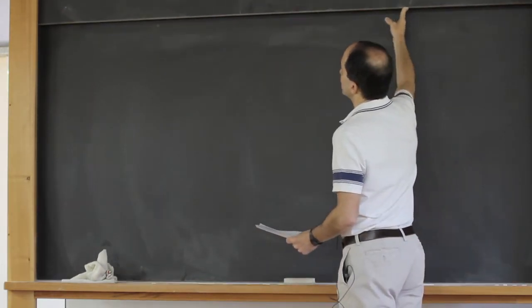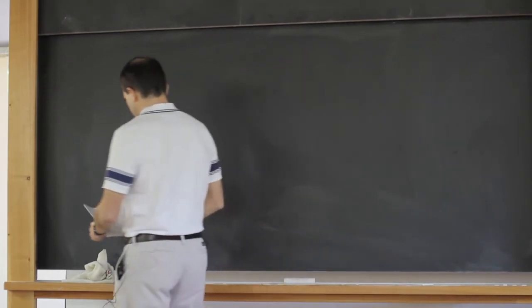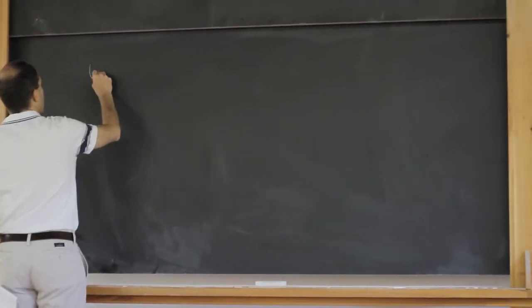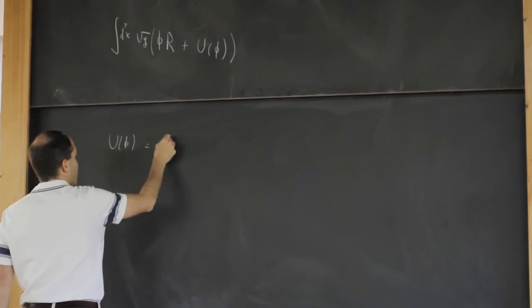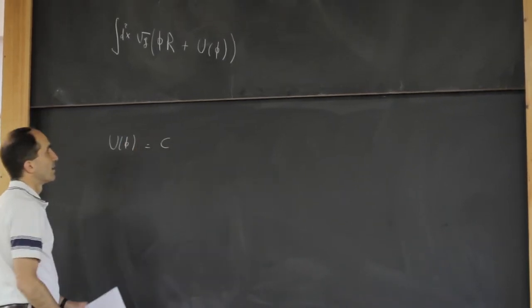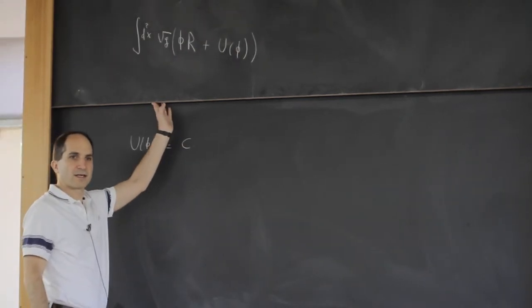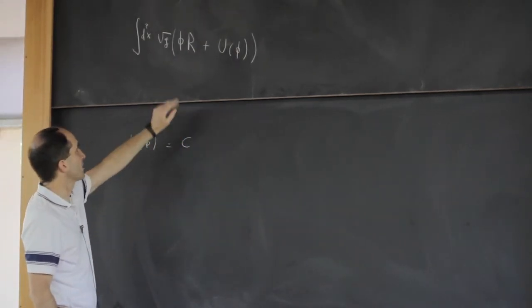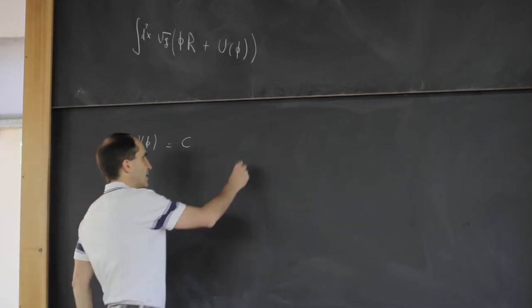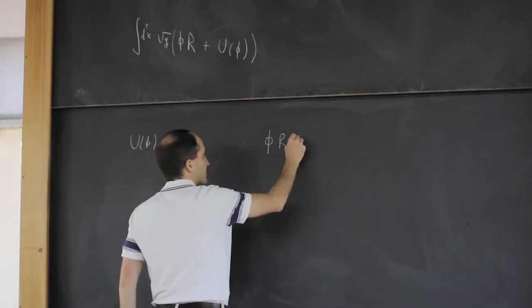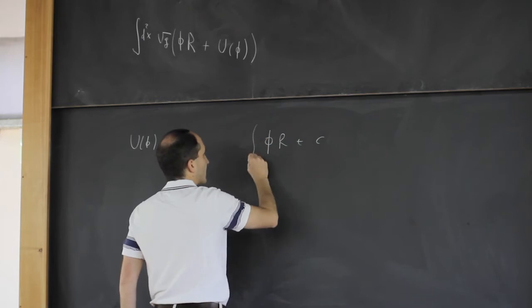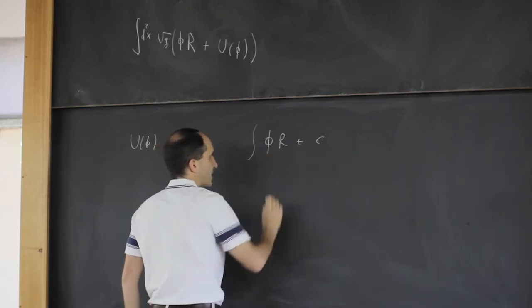So first, the simplest case is U of phi equal to some constant. Okay, that's related to the question that Gishe was asking. So let's say we take this to be a constant, and in that case we have an action, well, phi plus this constant. And here now the equations of motion for phi fix the metric to be flat.